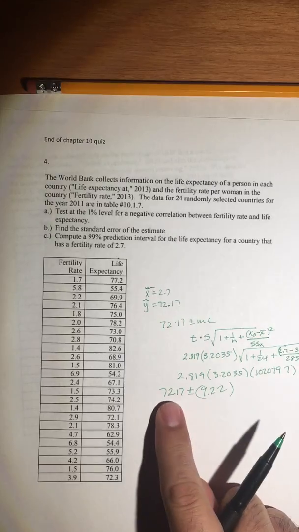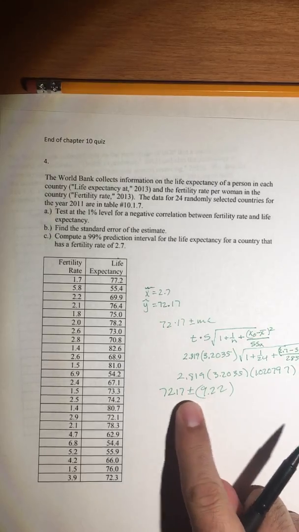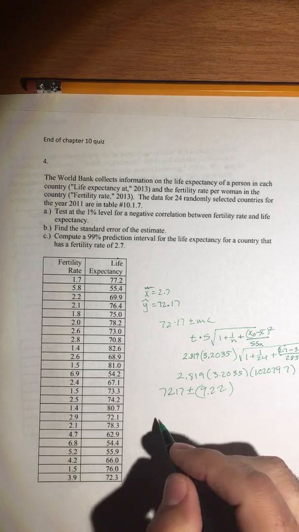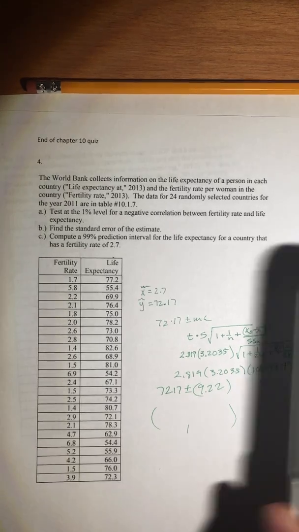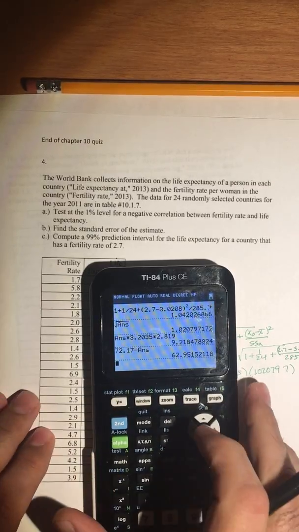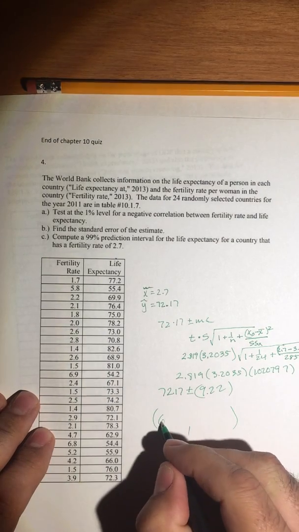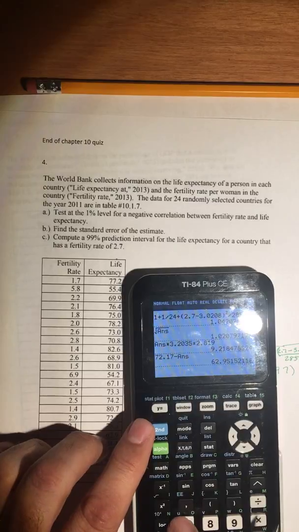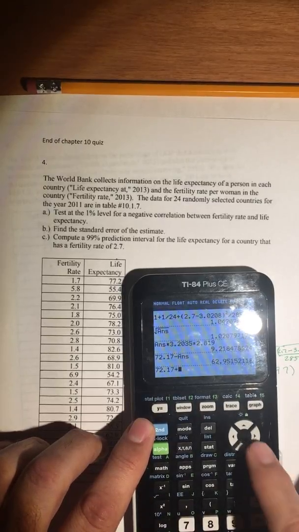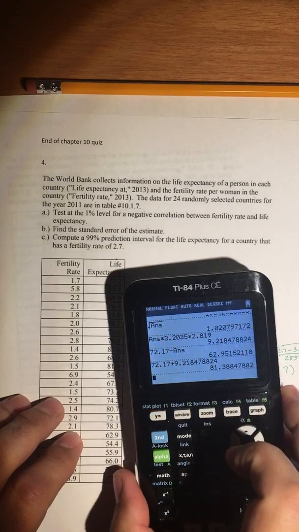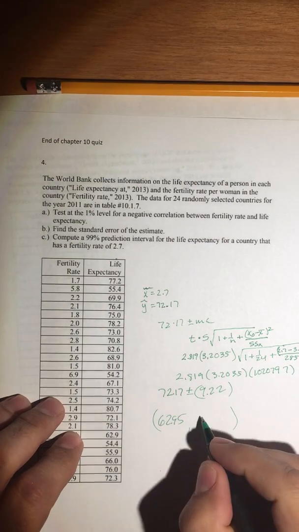So that's anywhere from what, 72 plus 9, 81, 81.4 roughly, and then subtract 9 from that, right? So we can go 72.17 minus that, 62.95, and then 72.17 plus that, and that gets me up to 81.388.